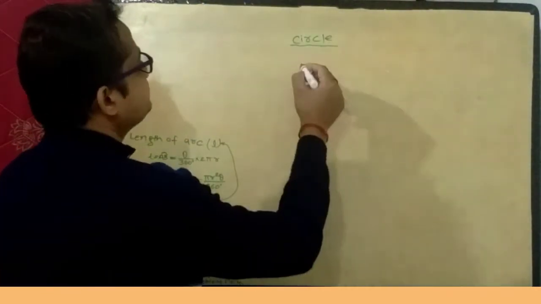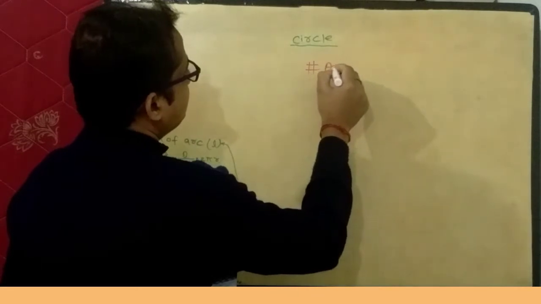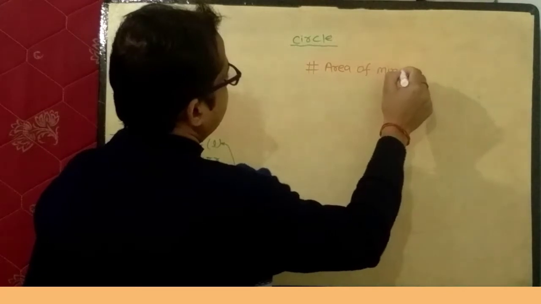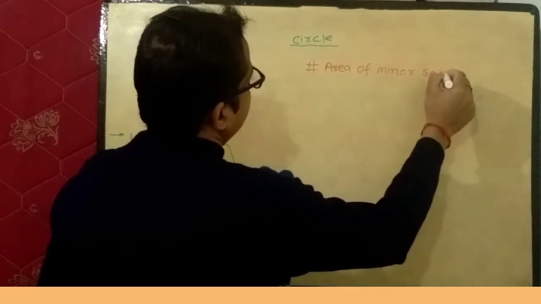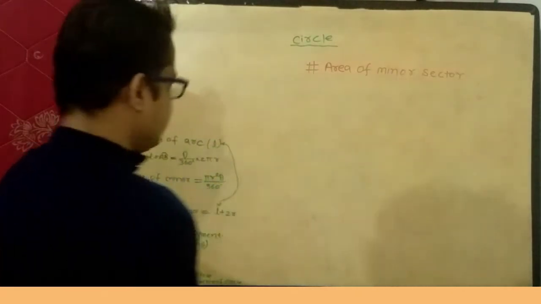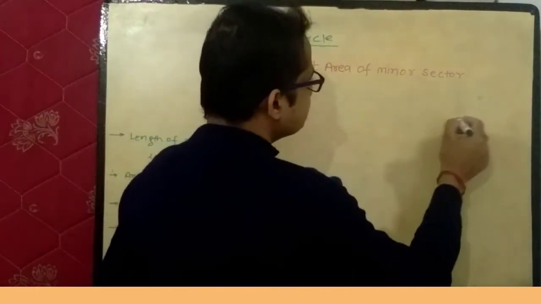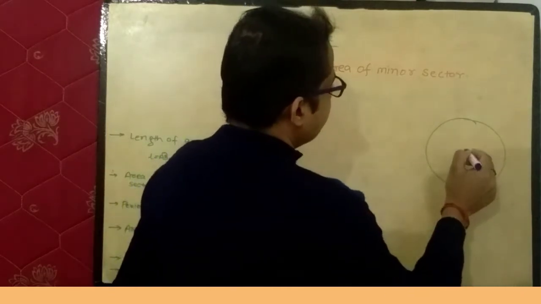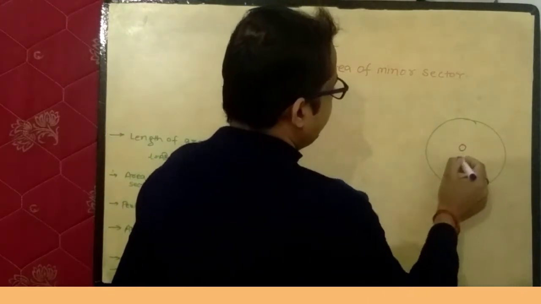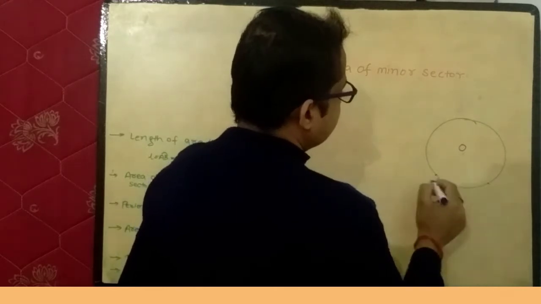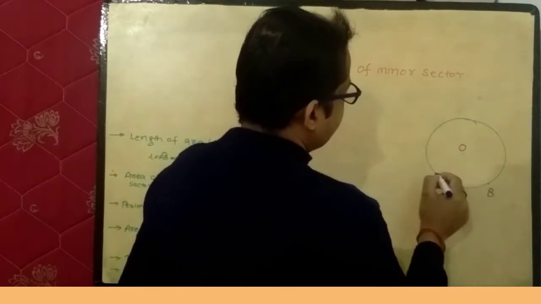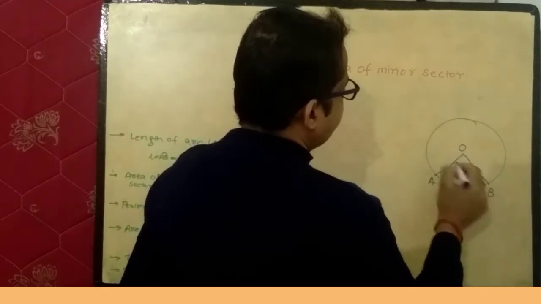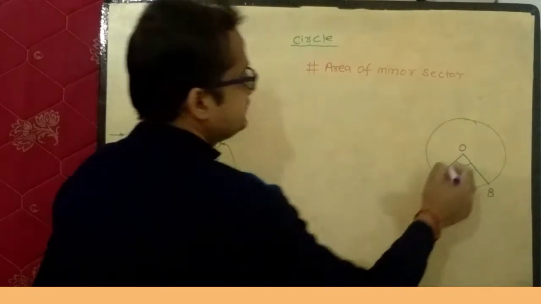Next topic is area of minor sector. Let us consider this is a circle having center O, and this is arc AB making an angle of theta at center.